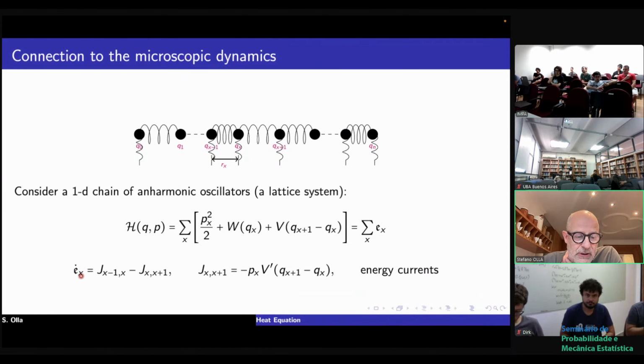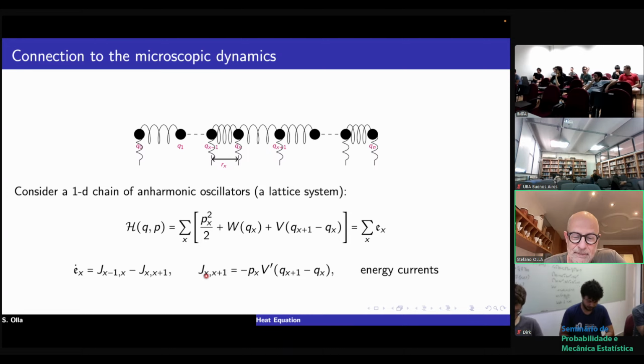So for the energy of the atom X, there will be some flow of energy, some current of energy going from X minus 1 to X, and some energy going from X to X plus 1. And this is the time derivative of the energy. This is because the energy is conserved. So basically, already on the microscopic level, you have one gradient, and the whole mystery is to get the second derivative.